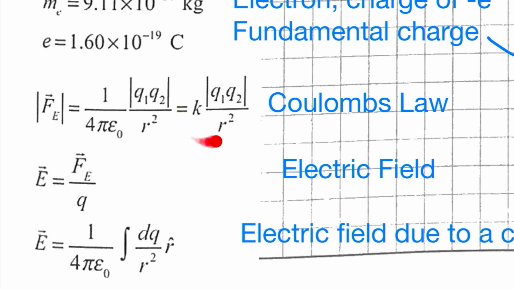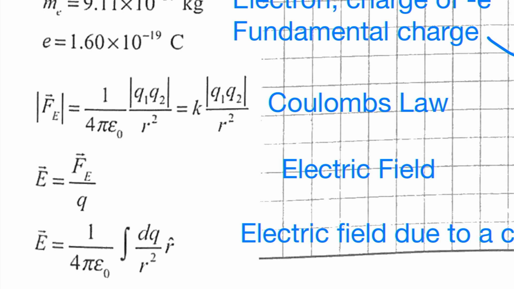So I generally use this when I'm figuring out an amount of electrical force. And just like universal gravitation, it's some constant times the magnitude of two charges divided by the radius squared. So this is an inverse square law. If you double the radius, you're going to get 4 times less force. If you bring the charges 3 times closer, you're going to get 9 times more force.